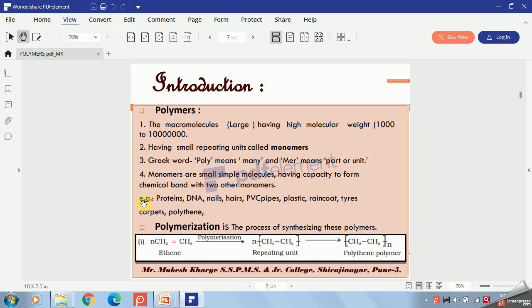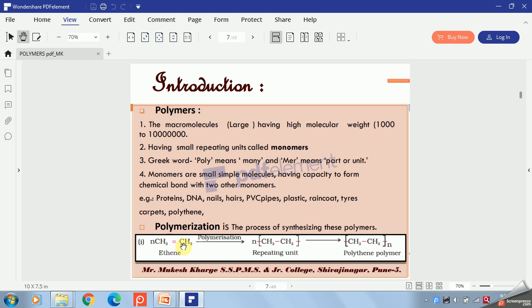All of you are familiar with the polythene, and it is obtained when ethene is used as a monomer. CH2 double bond CH2. If we take n number of molecules, they undergo polymerization.